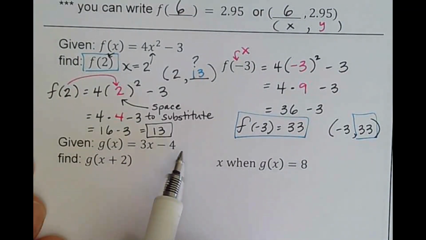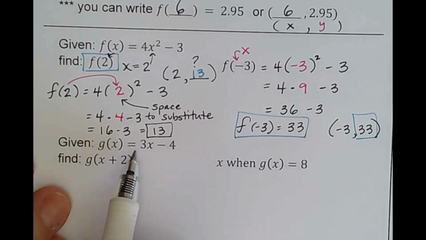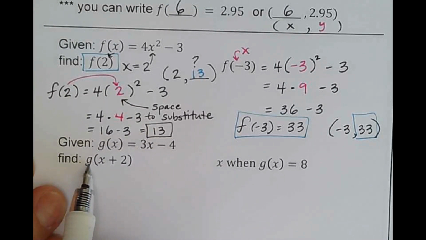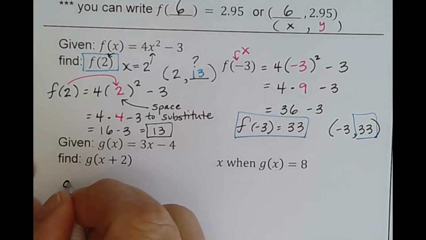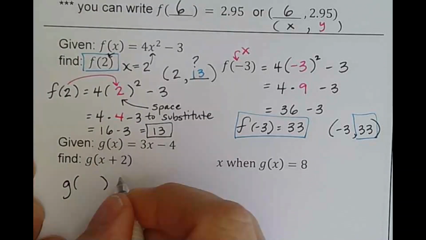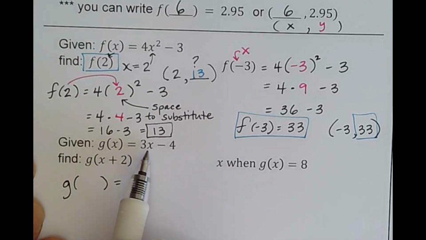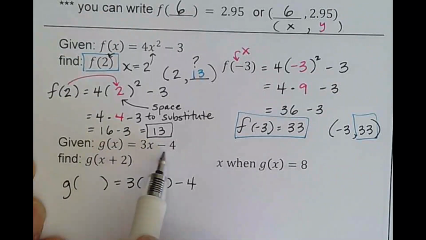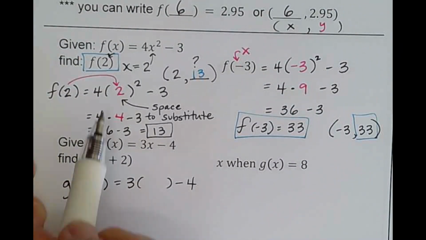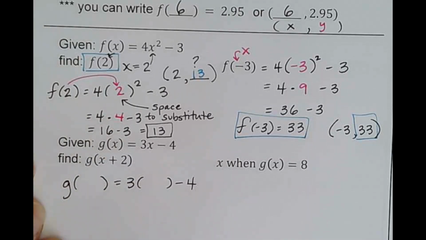I would do this the same way if g of x was equal to 3x minus 4 and I wanted to find g of x plus 2. This time I'm substituting not a number but an algebraic expression. Anytime I want to find g of something, I multiply 3 times something minus 4. That's what g does. If it was g of 2, I would put a 2 here and a 2 there in place of x.